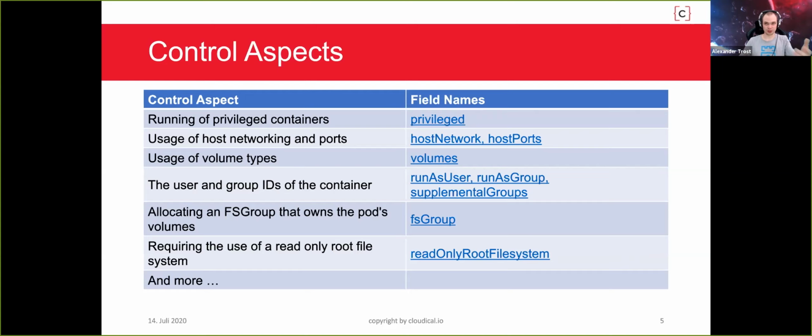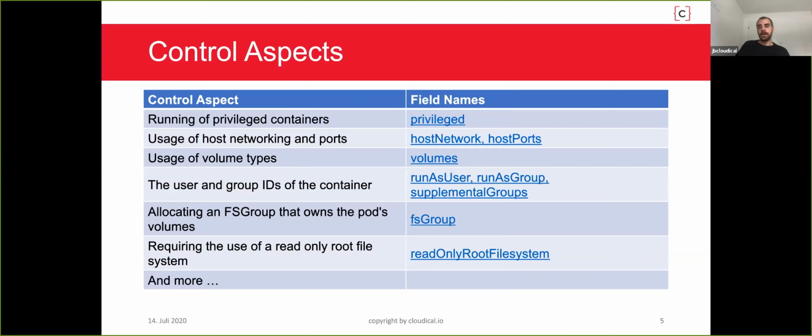Probably Jolland can say a few words again about the privileged and the host network part. Yeah, sure. With privileged, if you provide the pod with this attribute, then the pod would be able to access all the devices on the host it is running on. This is something you maybe don't want from a security perspective, so you should know to which pod you are providing such an attribute.